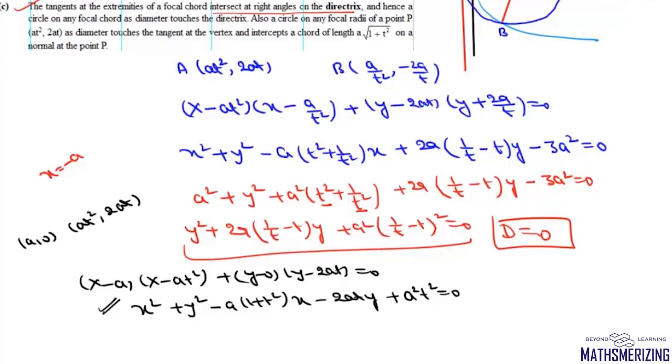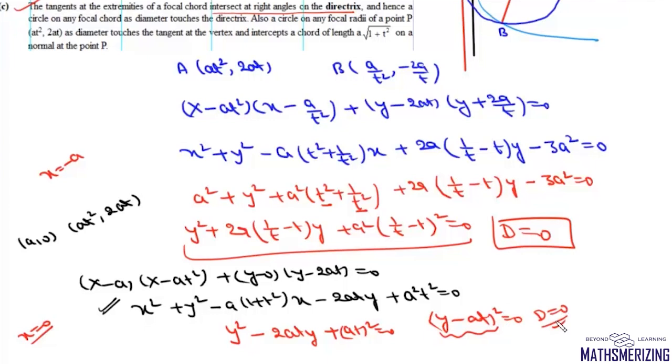So the equation of the y-axis is x equal to 0. So we'll put x as 0, we'll get y square minus 2aty plus at whole square equals 0, which is (y minus at) whole square equals 0, which again is a perfect square, and it simply means for this intersection also D is 0. So there is only one point of intersection. This y-axis is tangent to this given circle.